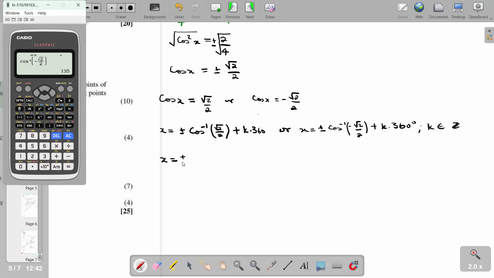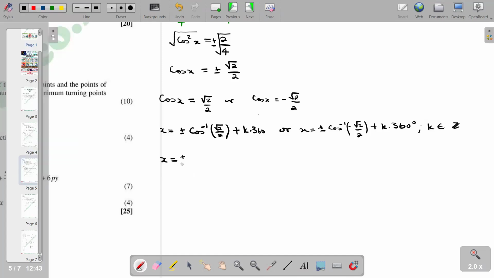So when we come here, it means our solution is plus or minus 45 degrees plus k 360 degrees.